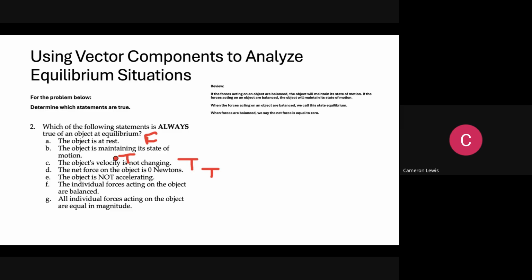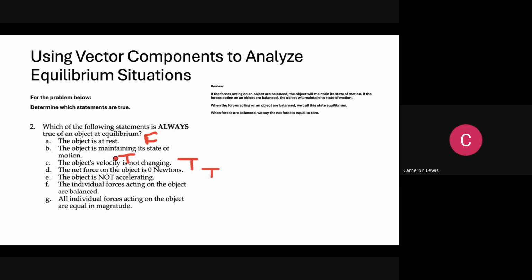If we are at equilibrium, we can say that the object is not accelerating. Wait, because we just said acceleration is the change of velocity over time.